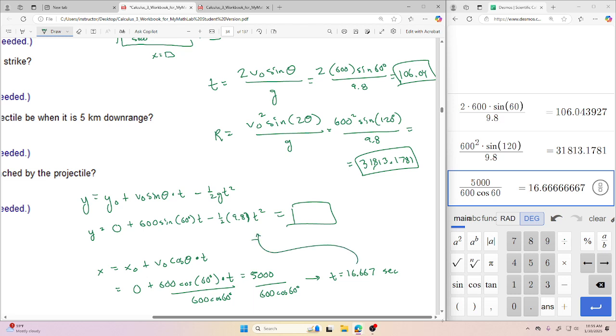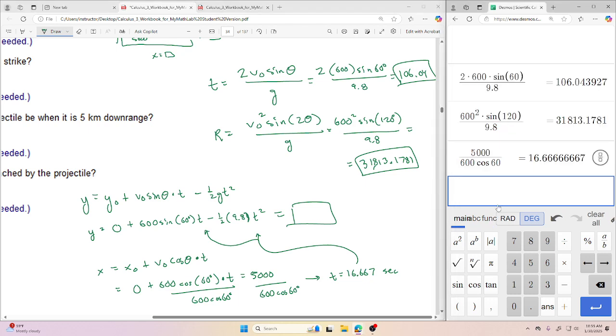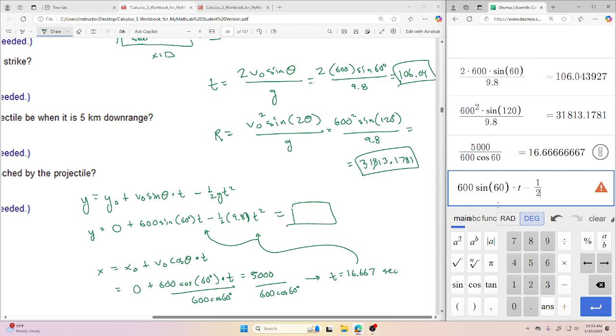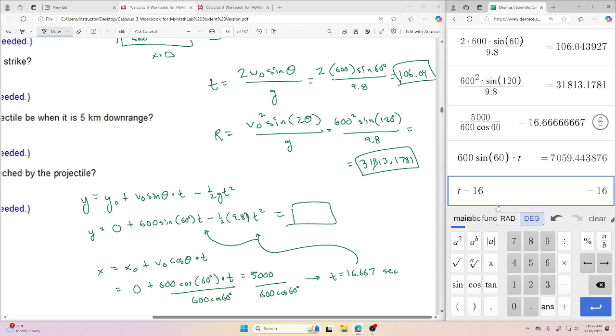Plug that back in, and then we should be able to get our final answer finally. Using variables. Boom. You see the answer? 7299.26.